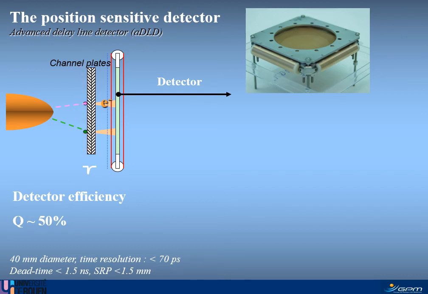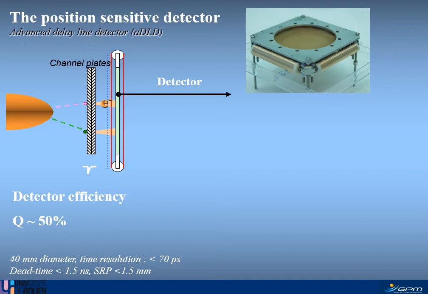This is simply an amplifier of charges, because here you've got a very small charge. It is equivalent to 1 electron or 2 or 3 electrons, depending on the ionization state, 1, 2, 3. And after this channel plate, you've got, let's say, 10^5 electrons generated by these channel plates.